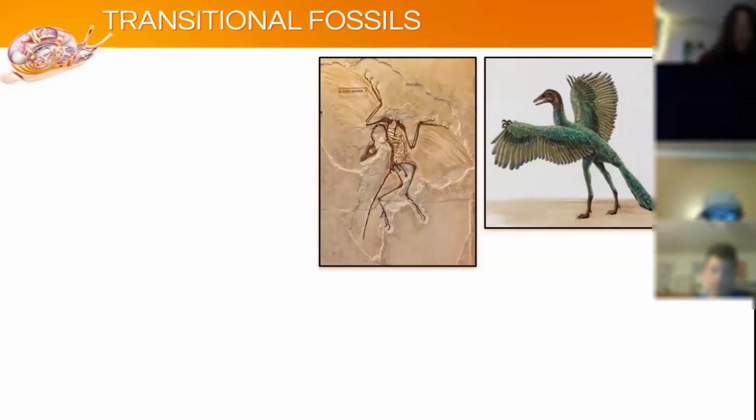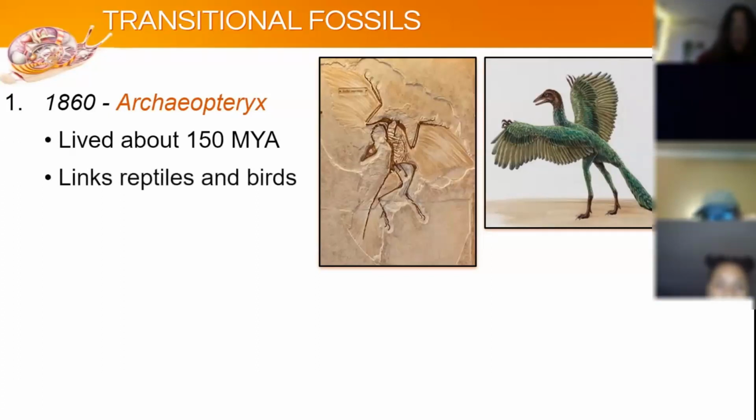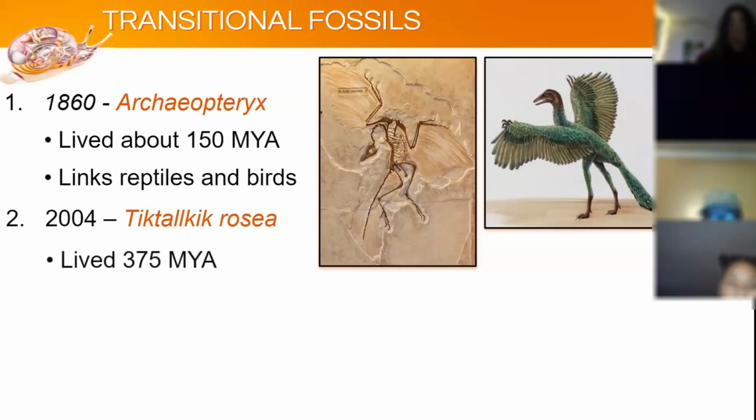The most famous transition fossil we have is the Archaeopteryx, which is supposed to be a connection between the dinosaurs and the birds. So it lived about 150 million years ago. Another example, this is the one I said that was found in just the last 20 years, the Tiktaalik rosea. I think they talk about the Tiktaalik in the first page of the chapter, whatever we're on.